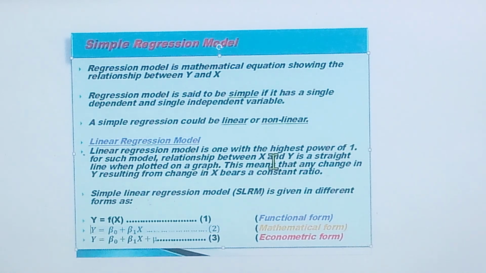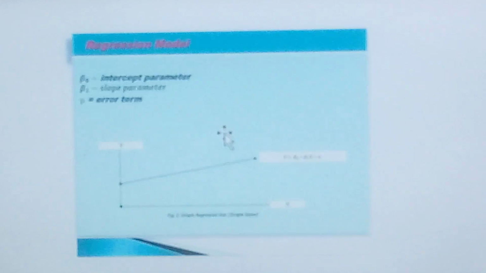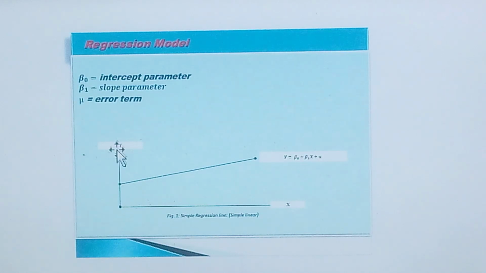Then the second condition is that the graph of the relationship between x and y, when plotted, is expected to be a straight line. This is what we mean by that. If you look at this graph here, this is the y-axis, this is the x-axis, and of course this is the equation. You can say that this line is a straight line, showing that there is a positive relationship between x and y.